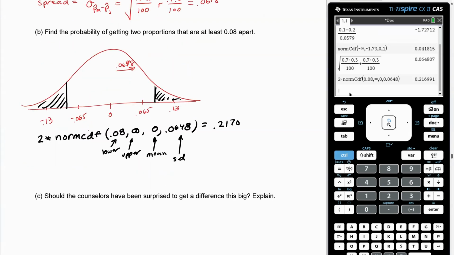Are we surprised to get such a big difference? And the answer is a difference of 0.08 occurs by chance about 22% of the time.